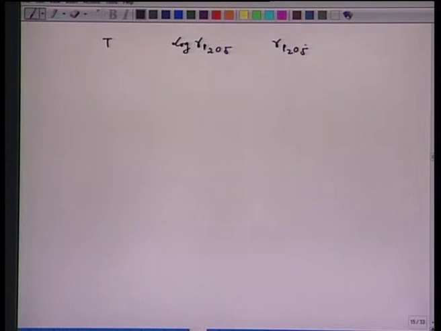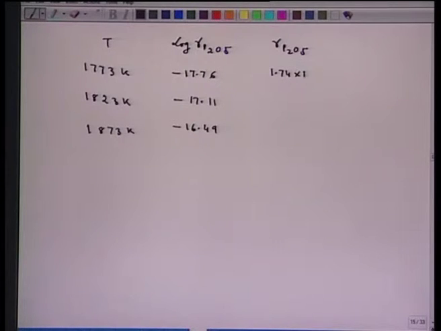I take 3 temperatures: 1773 Kelvin, 1823 Kelvin and 1873 Kelvin. I calculate log gamma P2O5 as minus 17.76, minus 17.11, minus 16.49. Gamma P2O5 is 1.74 into 10 to the power minus 18, 7.8 into 10 to the power minus 18, and 3.21 into 10 to the power minus 17.